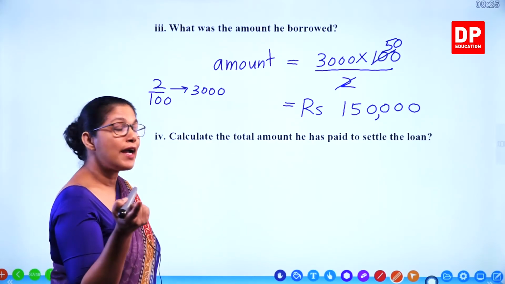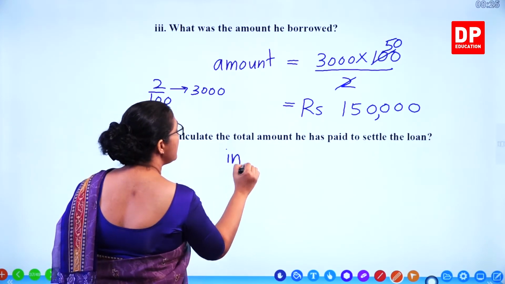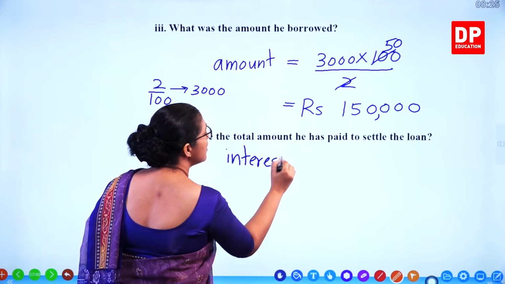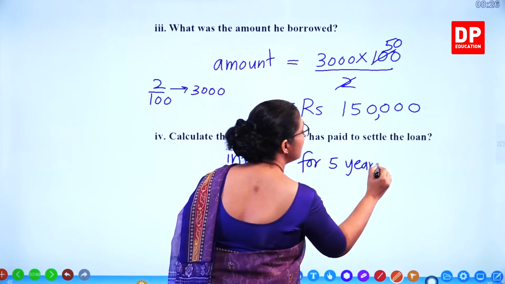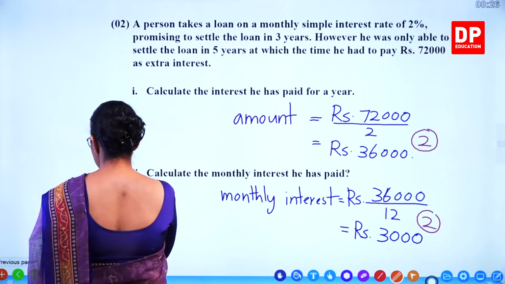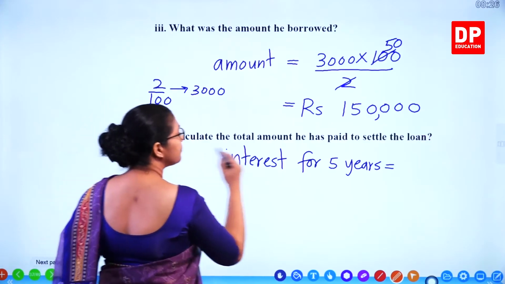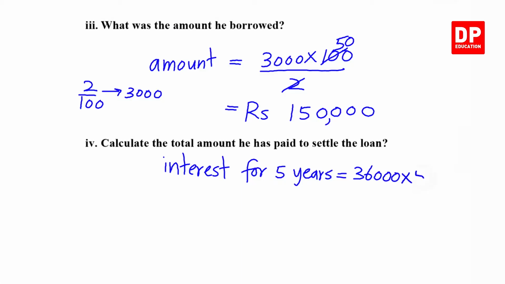So first we have to find out the interest he needs to pay. Interest for 5 years. What's the value? So interest per year is 36,000 multiplied by 5.